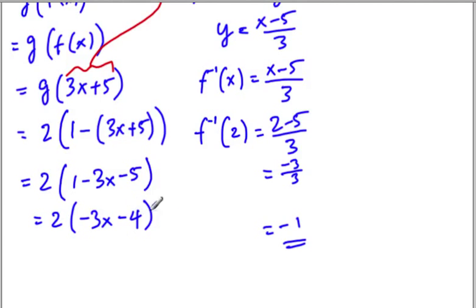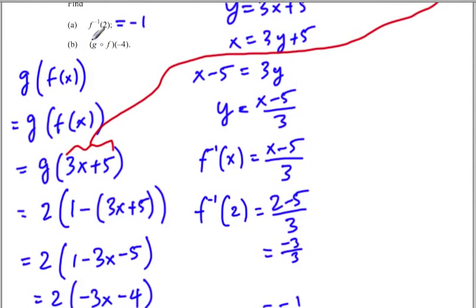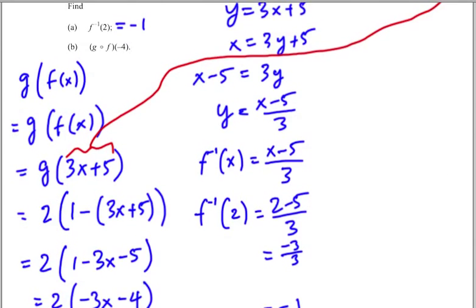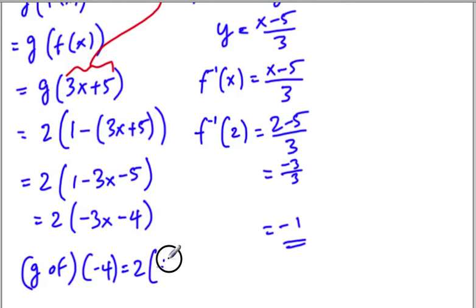Now we can simplify this further, but that's not what the question is asking for. The question is asking for g of f of negative 4. So once you get to some sort of expression, you can just start plugging things in. So they want g of f of negative 4, which is equal to 2 times negative 3 times negative 4 minus 4.